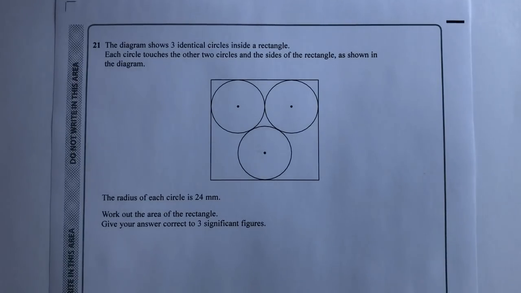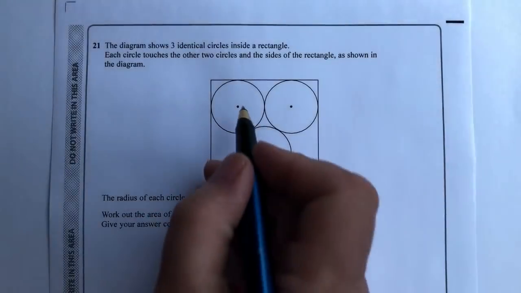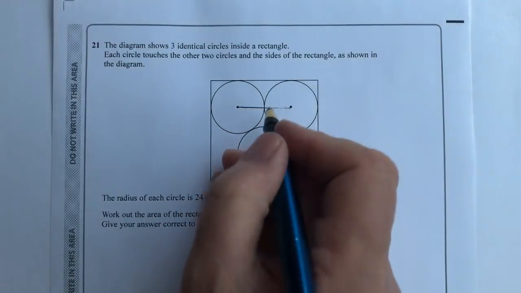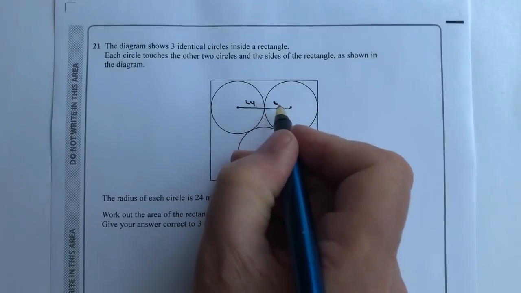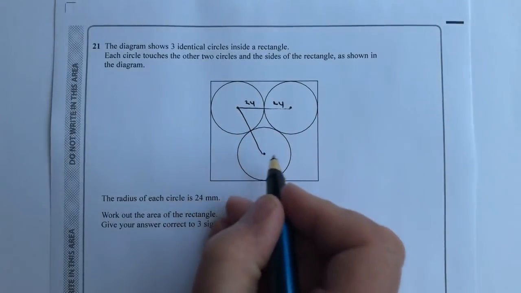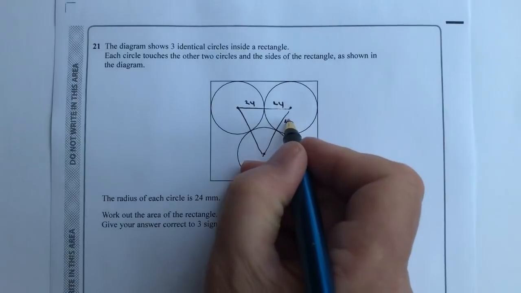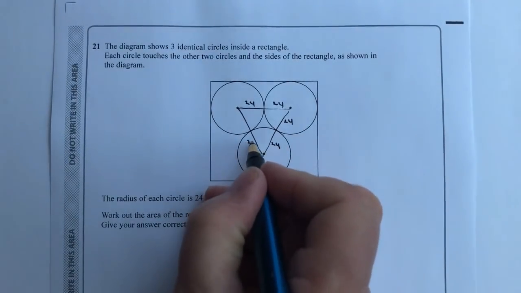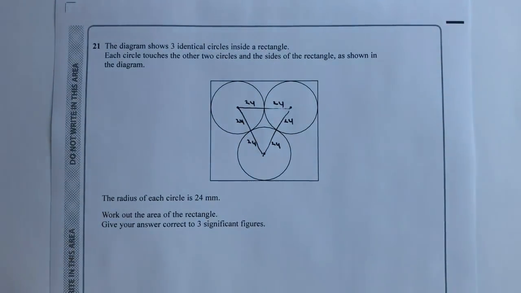Let's have a look at that for a moment. Because the radius of each of the circles is 24 millimeters, I've got this situation where that is 24, that's 24, and then along here and along here this is 24, 24, 24, and 24.